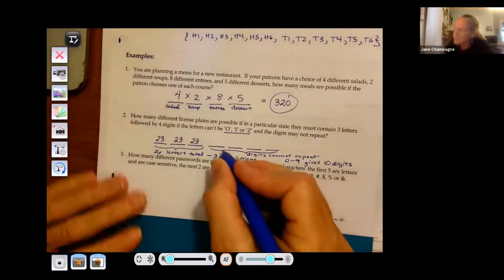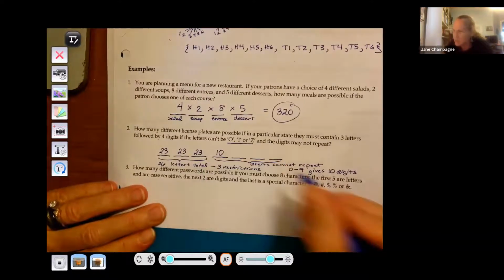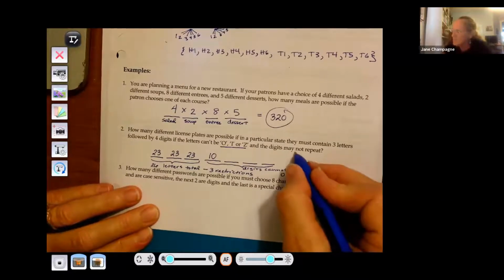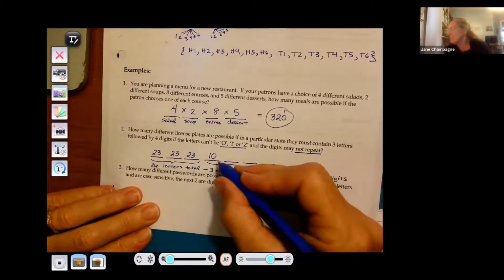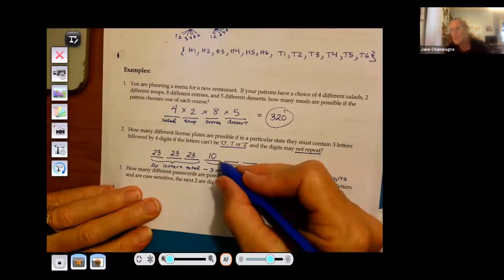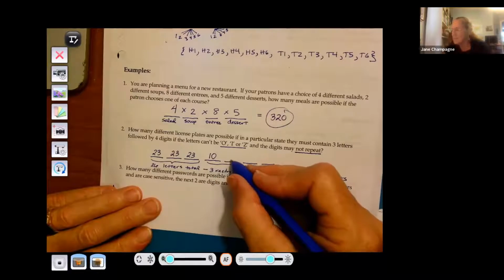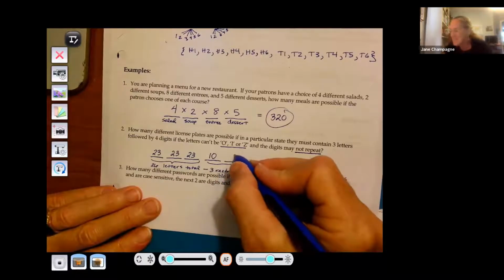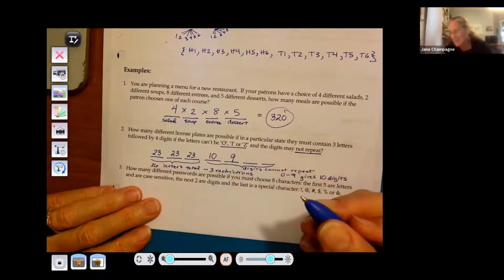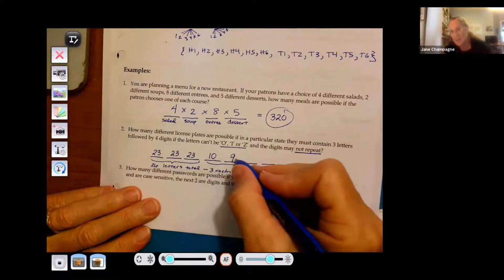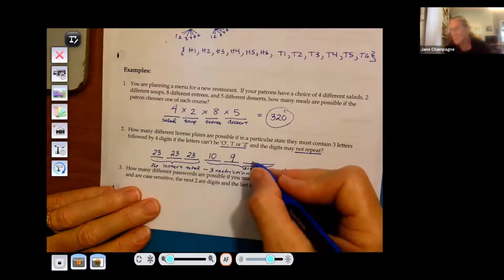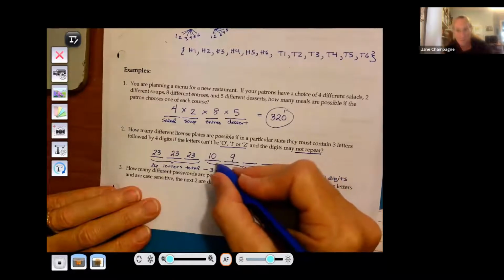So for that first digit, we've got all 10 that we can choose from. But then the fact that they say that they can't repeat means that once you've put a digit down, you can't use it again. So that means the number of choices for the next digit is 9. And then once you've put 2 digits down, we don't want this one to repeat either one of those.